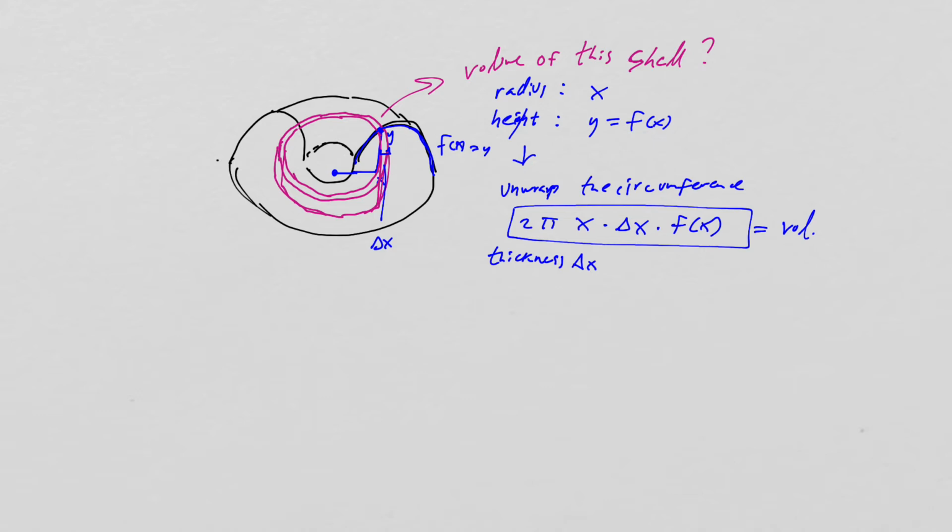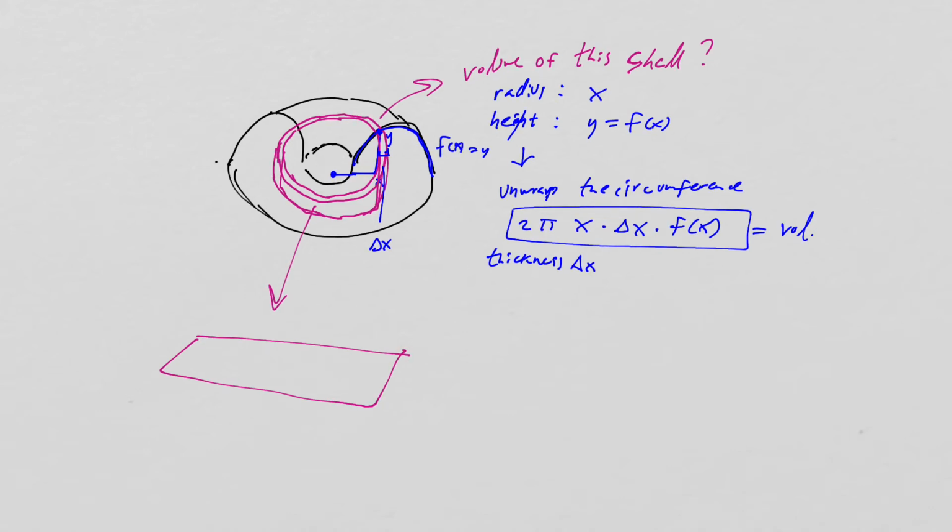And what we're really doing here basically is taking that and unwrapping it. And of course, here is going to be that height, right? And then the length is going to be 2 pi x, right?